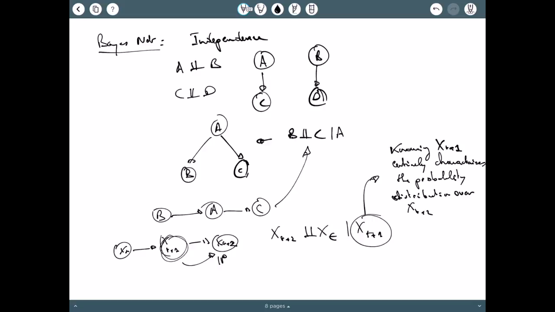And that's the same thing in this pattern here. If you know A, you have all you need to characterize the probability distribution over B, and information that comes from C will not change anything about that.